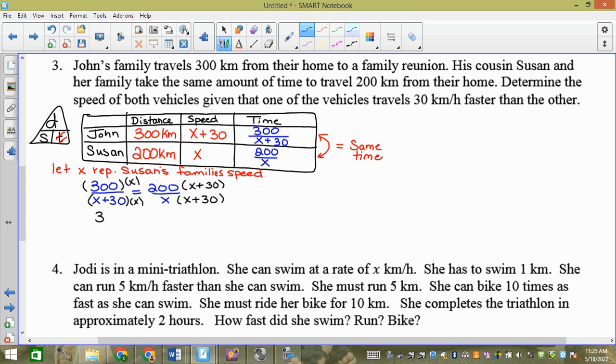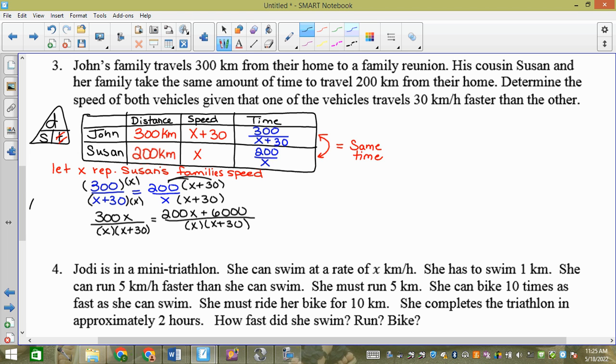So we get 300x over x plus 30, 200x plus 6,000 over x plus 30.